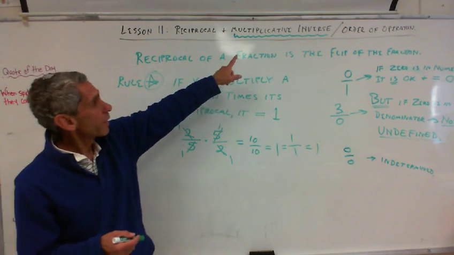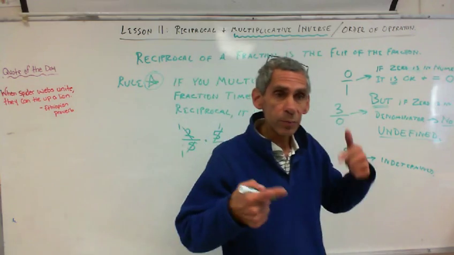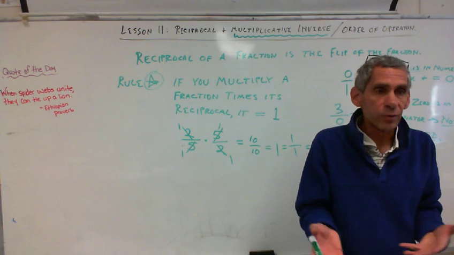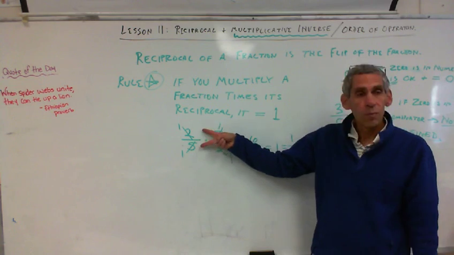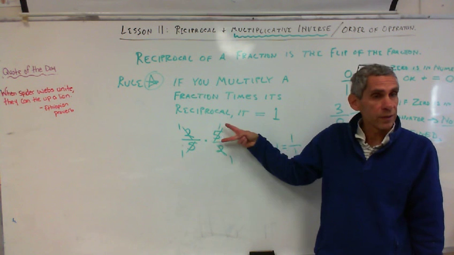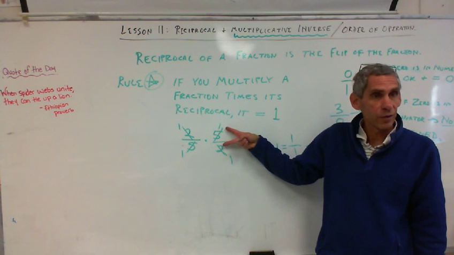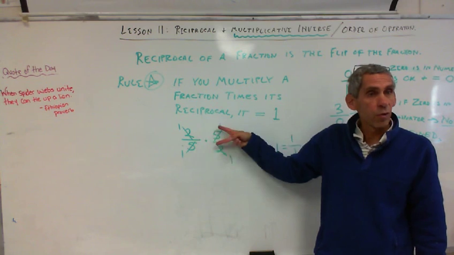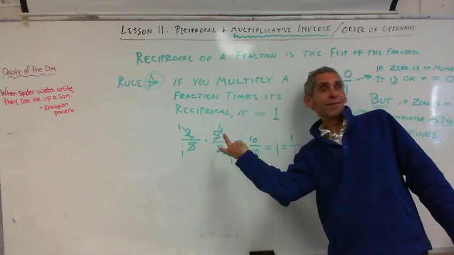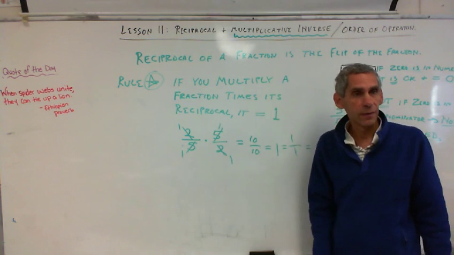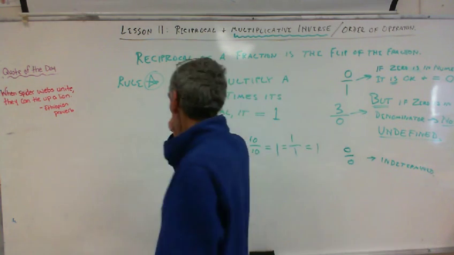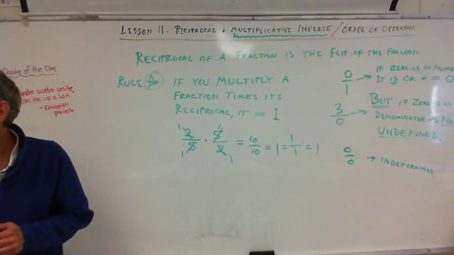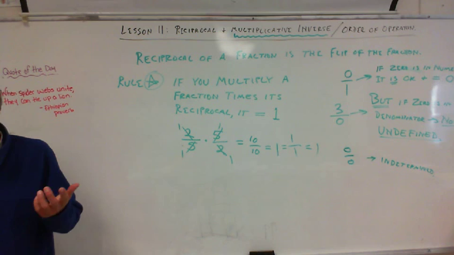A lot of times they'll talk about the multiplicative inverse. All it is is the reciprocal. They usually say, multiply 2/5 times its multiplicative inverse. In other words, you're multiplying it times the inverted form. So that's it. Pretty straightforward, there's not much more to say about it.